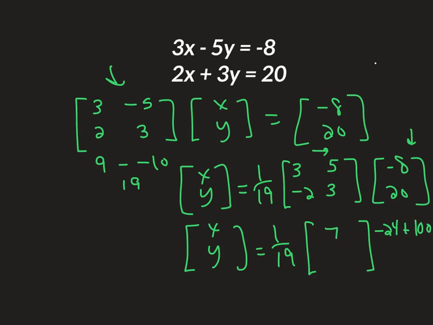If you add those, you get 76. Same thing with the bottom row. Negative 2 times negative 8 and 3 times 20 also gets 76. So what I'm really hoping is that when I do 1/19 times 76, 19 goes into 76, and it does. It goes in there 4 times, which means my x value is 4 and my y value is 4. There's the solution to my system right there, 4, 4. And that's all there is to it.